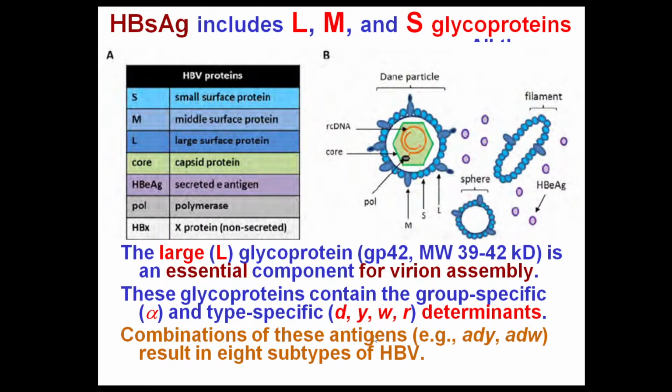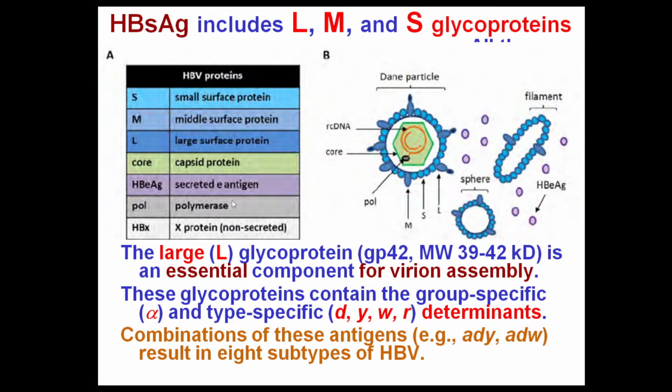The combination of these group-specific and type-specific determinants results in the development of the 8 subtypes of hepatitis B virus, which, as we said already, have different distribution within the world.